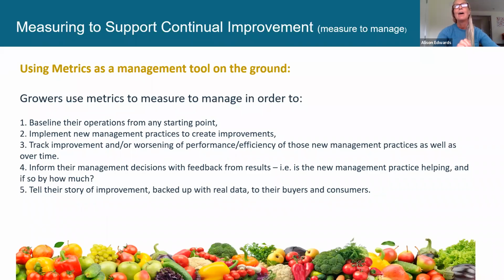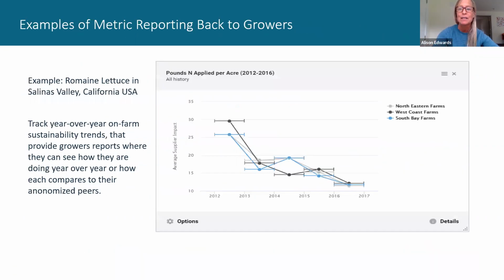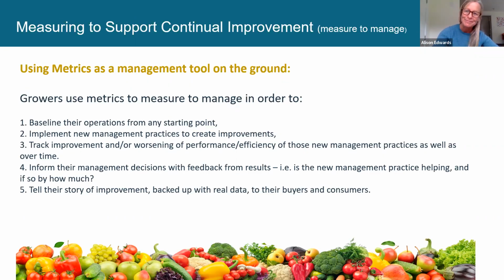And then ultimately they can tell their story of how they noticed natural resource management issues, changed their management practices, and then improved, and that's all backed up with real data. That is also true of a packer, shipper, processor, or any tier 1 supplier who's working with growers to do this work. So it's a good way to tell a story backed up with real data.